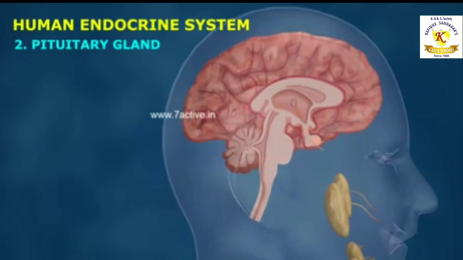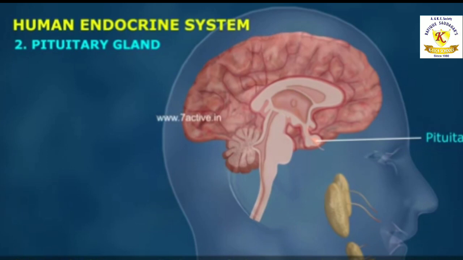The second one is pituitary gland. It is very small, the size of a large pea seed, but it is a very important gland and it controls the functions of all other endocrine glands in the body.